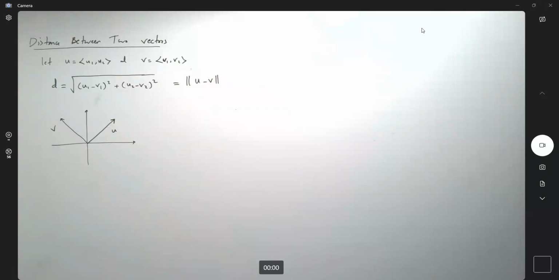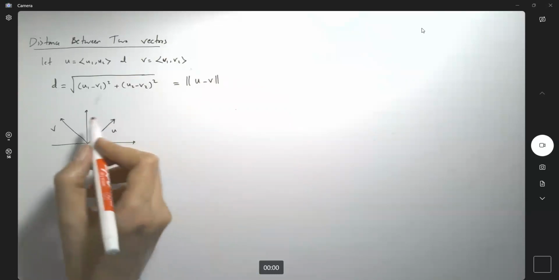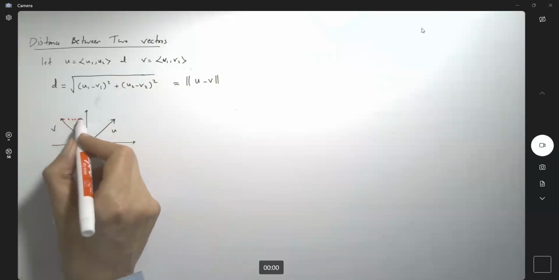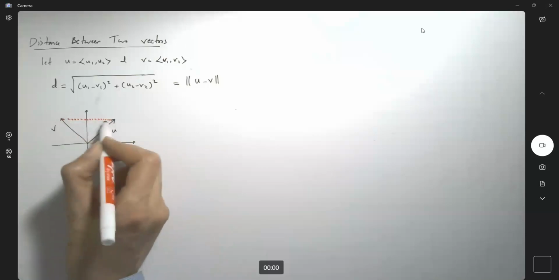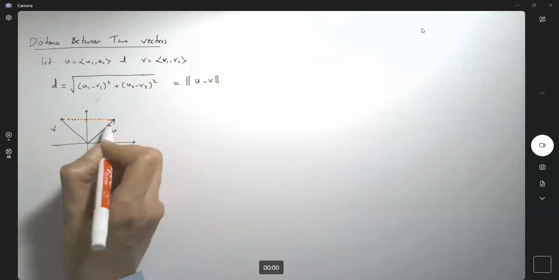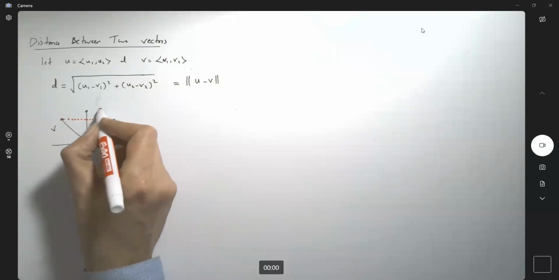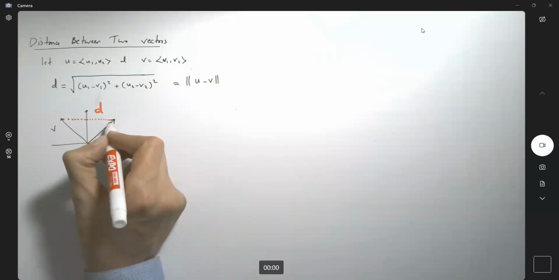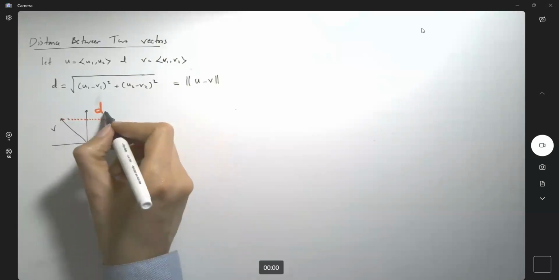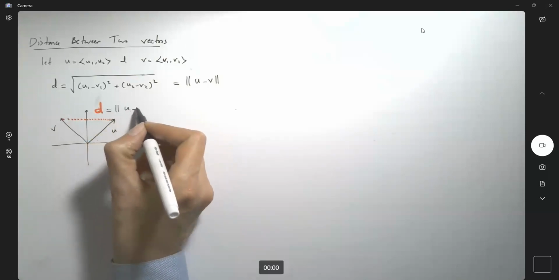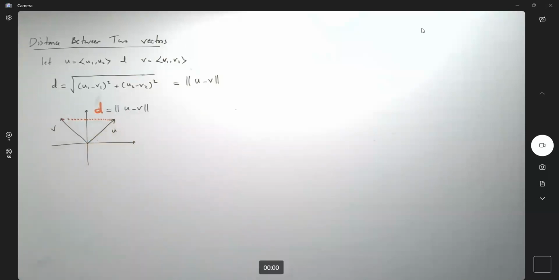You can find the difference between these two vectors, which is going to be this vector here. But since we are finding the magnitude here, we're not going to assign any arrow. This is the distance between them, which is basically the norm, or the magnitude, of u minus v.